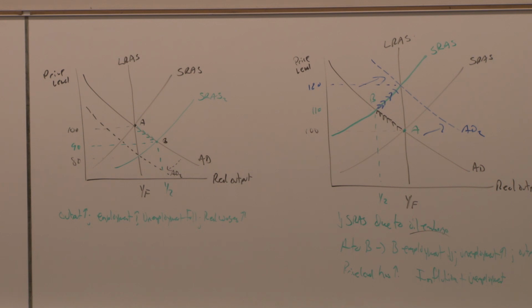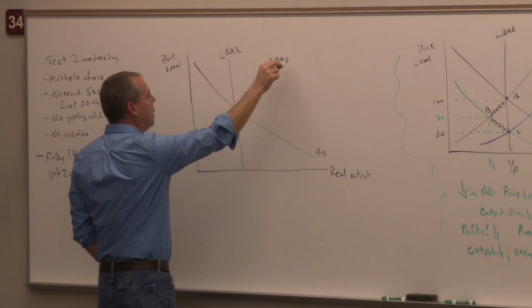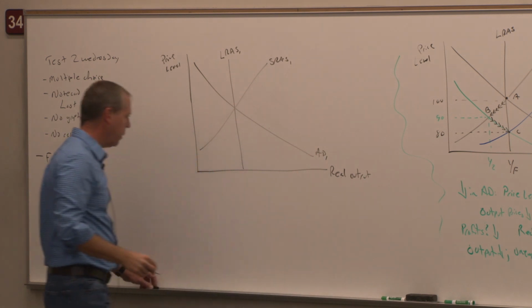So here's our real output. There's our price level. Here's aggregate demand, short-run aggregate supply, long-run aggregate supply.